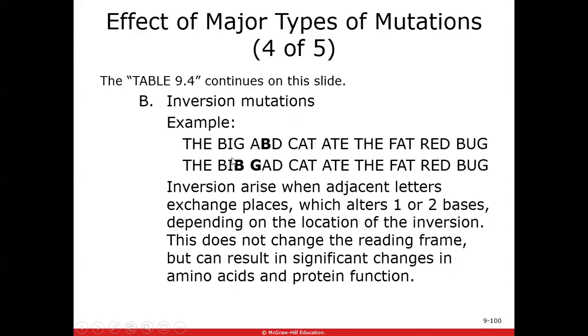Remember, it should be the big fat cat ate the fat, the inversion, the big fat cat. So it should be BIG. This G should be here, and this B should be there. The big fat cat ate the red bug. So with inversion mutations, letters right next to each other actually switch over.